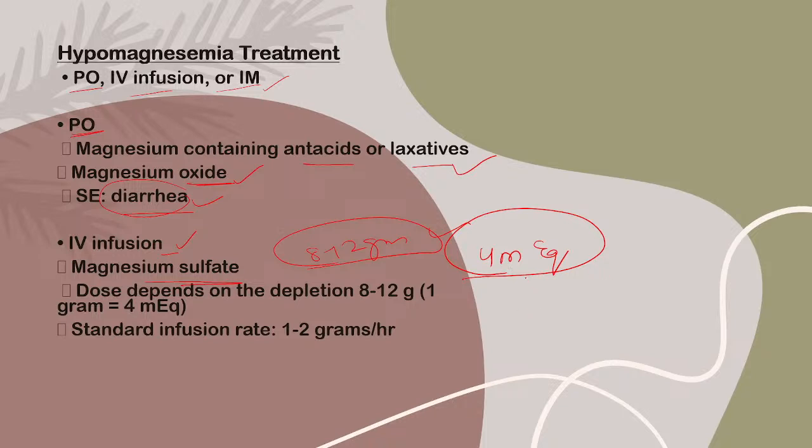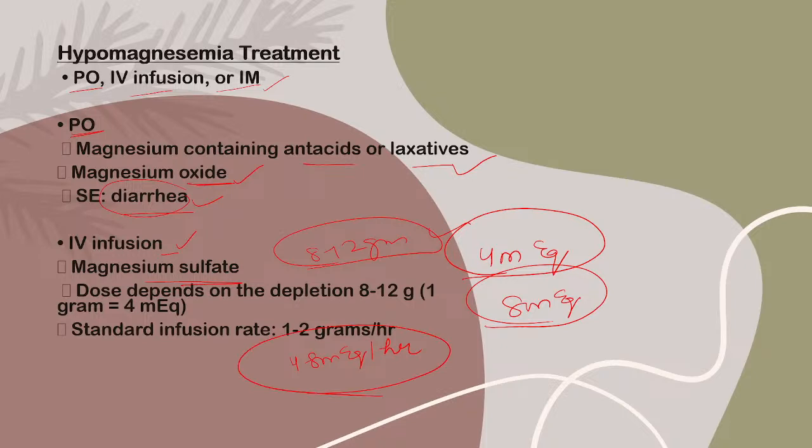So in one go, we usually prefer to give 8 milliequivalents of magnesium. Then standard infusion rate is 1 to 2 grams per hour. All right. So that is 4 to 8 milliequivalents per hour of magnesium that needs to be replaced in a patient with hypomagnesemia.